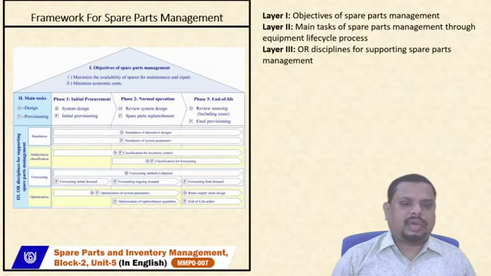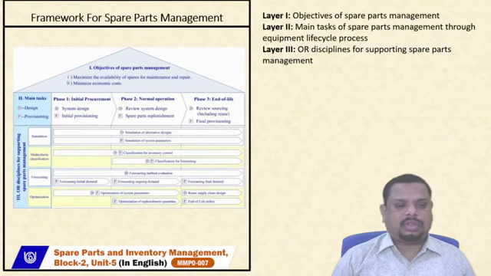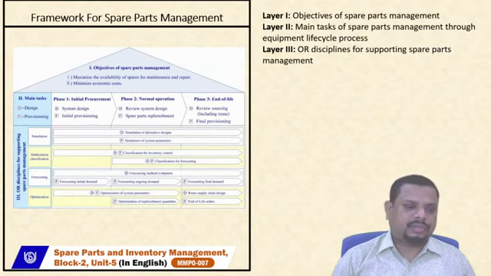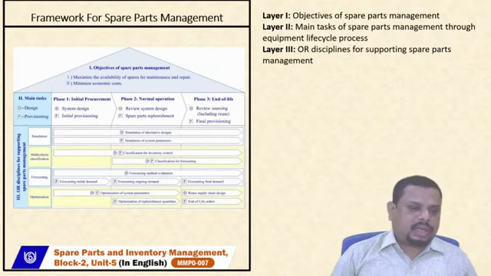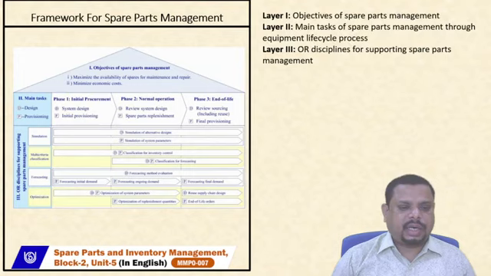Under quantitative forecasting, a number of methods are there: simple moving methods, then weighted moving methods or exponential forecasting. The next is forecasting method evaluation. That means forecasting initial demand, then forecasting ongoing demand, then forecasting final demand.